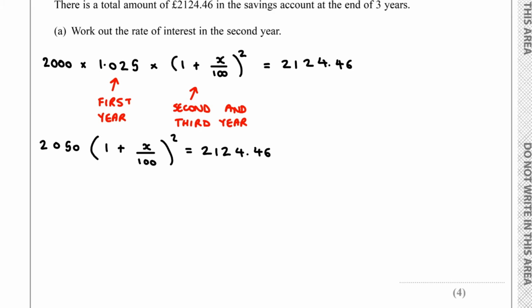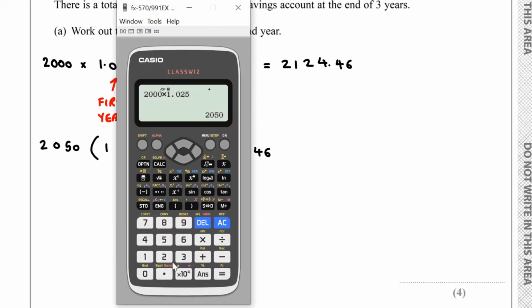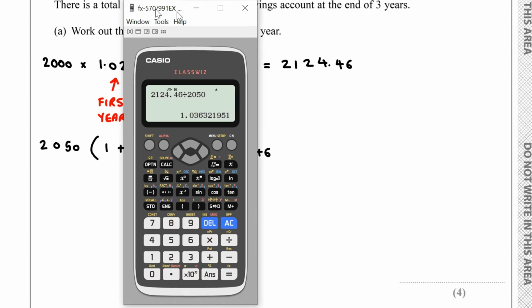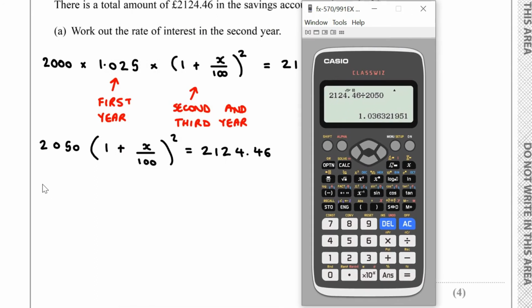And if we divide 2124.46 by 2050, you can see here that 1 plus x over 100 squared is equal to 1.036, etc.